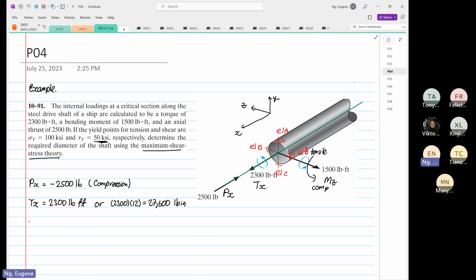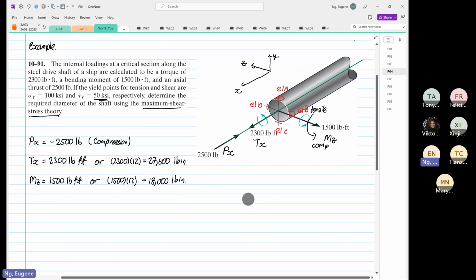So you know that Mz is equal to what? 1500 pound feet, or 1500 multiplied by 12, which is 18,000. Right. So we have to determine, okay, what else are we given?